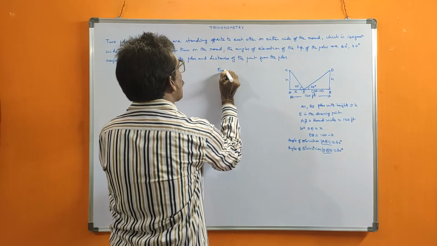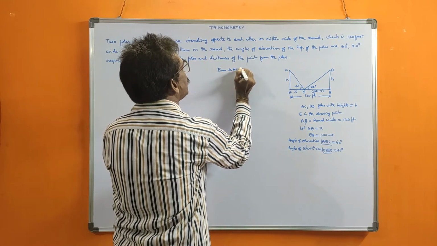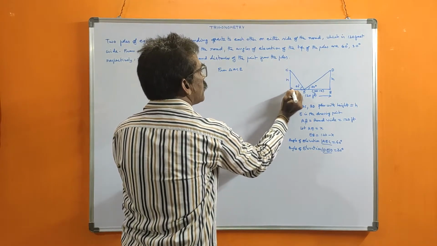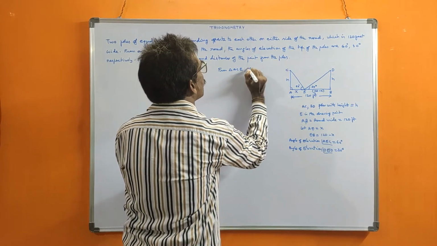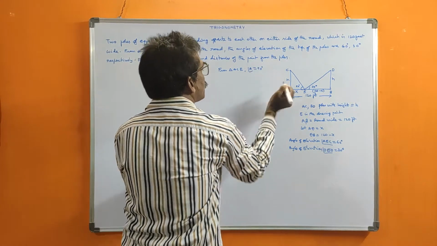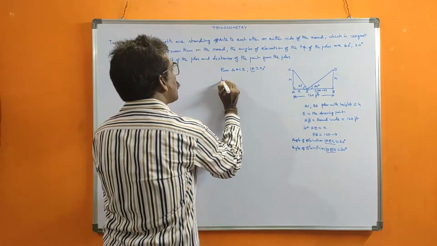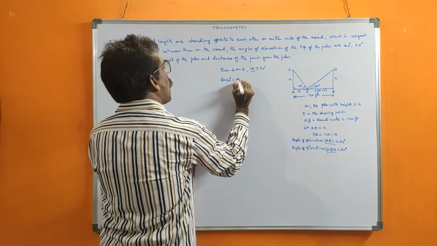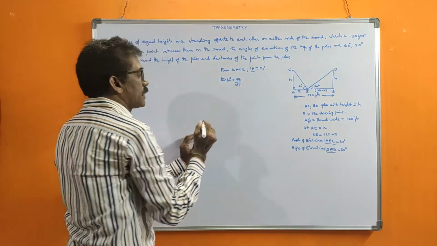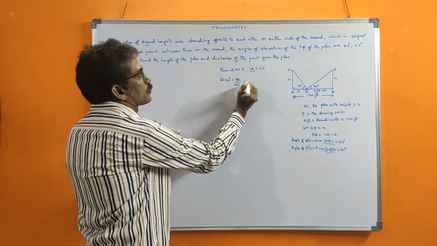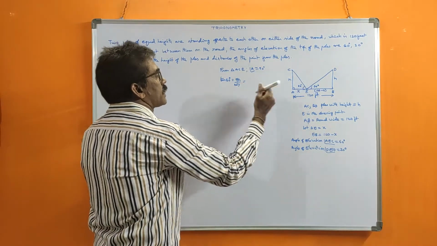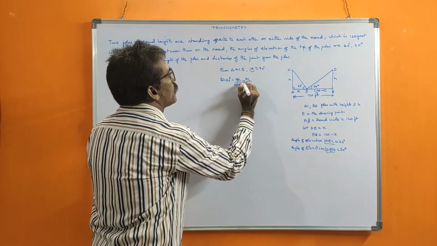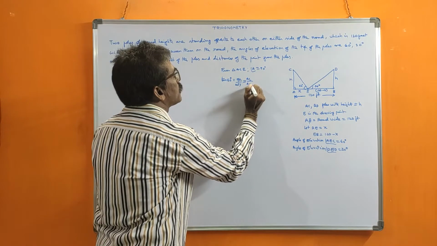From triangle ACE, A is the right angle, so angle A is equal to 90 degrees. Now apply tan 60 degrees, which is equal to opposite side by adjacent side. Tan is opposite side by adjacent side. For this, the opposite side is AC and the adjacent side is AE.